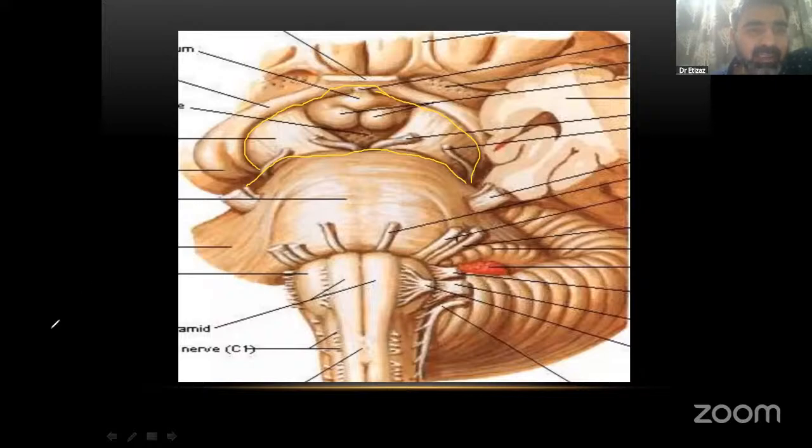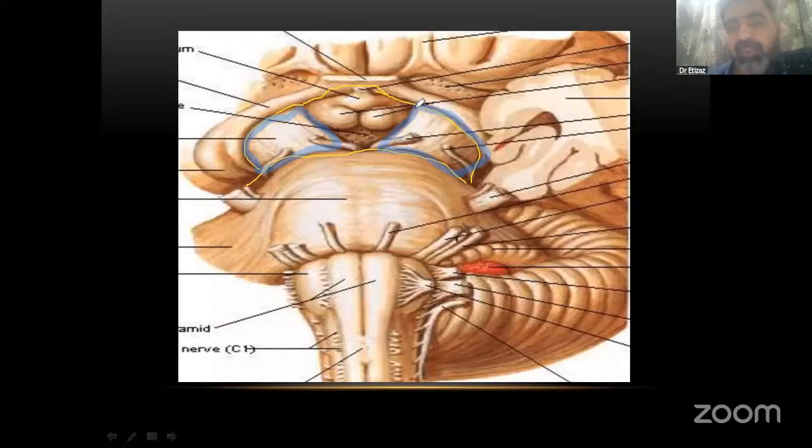You can see these two from here to here. This is one cerebral peduncle and this is another one, left and right. The anterior surface is mainly made up of these two cerebral peduncles.